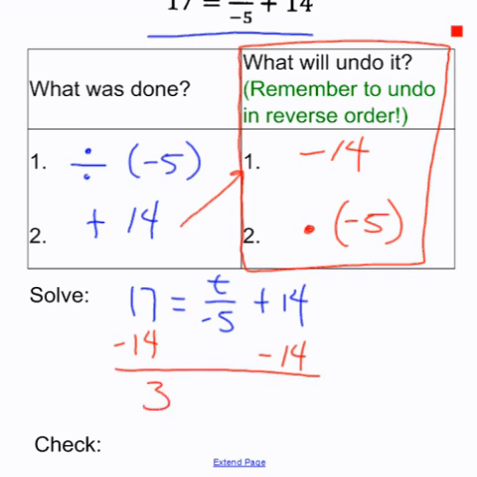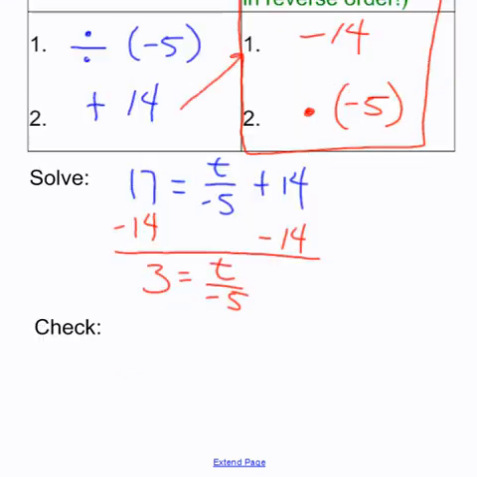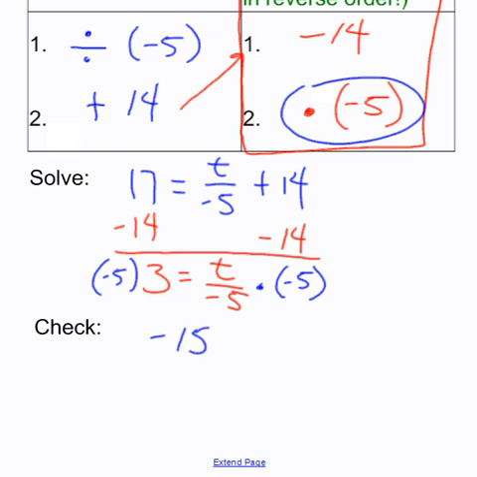So I get 3 equals t divided by negative 5. Now my directions say multiply by negative 5. So I'm going to multiply by negative 5 on both sides, and I get negative 15 equals t. And that's my solution.